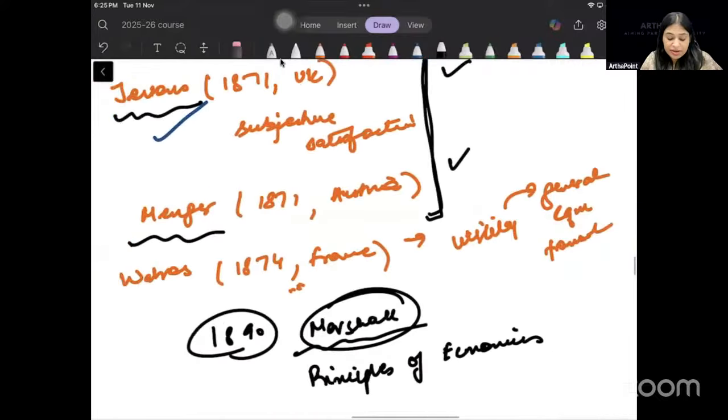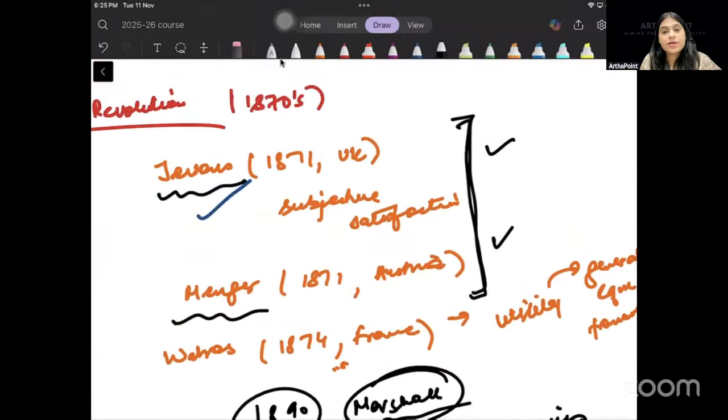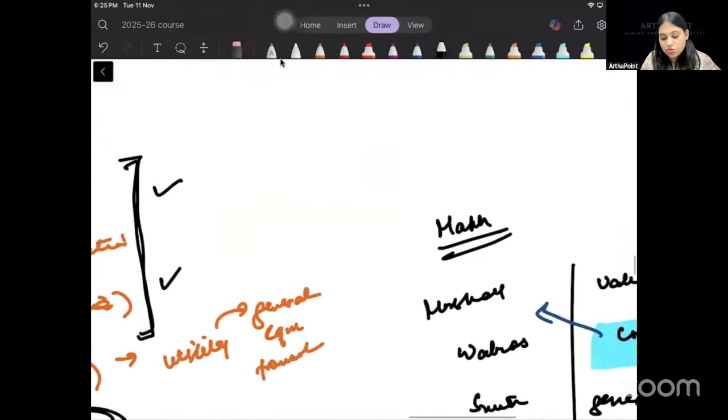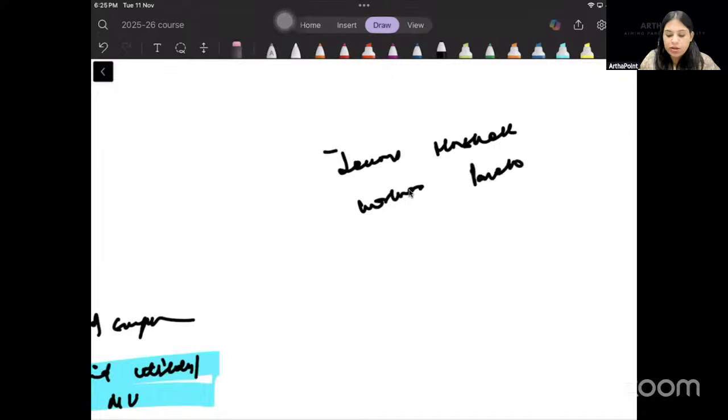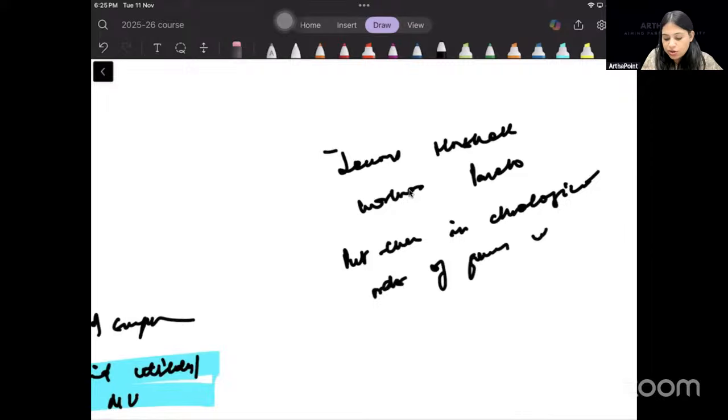But yes, you may be asked chronologically. Like they may ask you to put them in order, and they may give you Jevons, Marshall, Walras, and they may give you Hicks and Allen. Okay, 4-5 names they gave. They may give you Pareto. And they may ask you to put them in chronological order of giving utility.